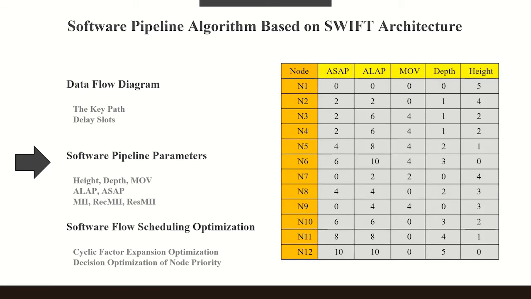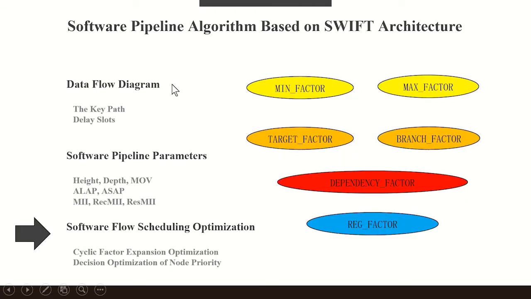The figure on the right is the corresponding parameter values of the data flow diagrams introduced earlier. Cyclic factor expansion optimization merely extracts various factors such as upper and lower limit factor, minimal cycle target factor, branch pressure factor, data-dependent pressure factor, and register allocation pressure factor.